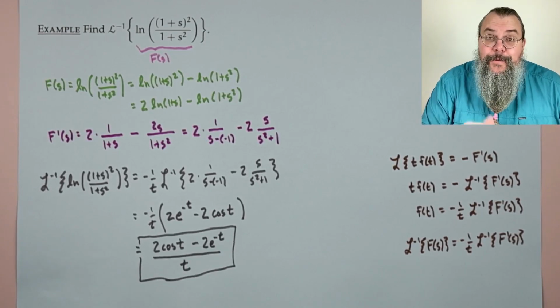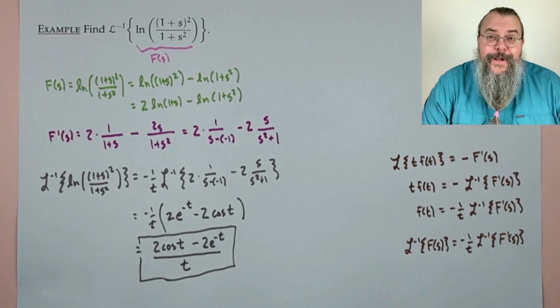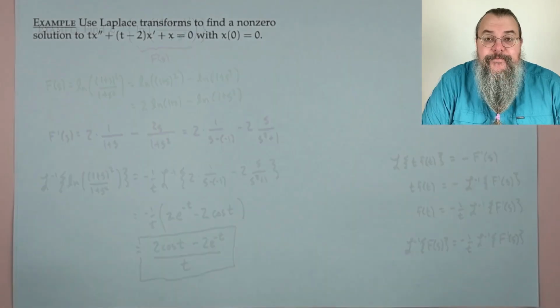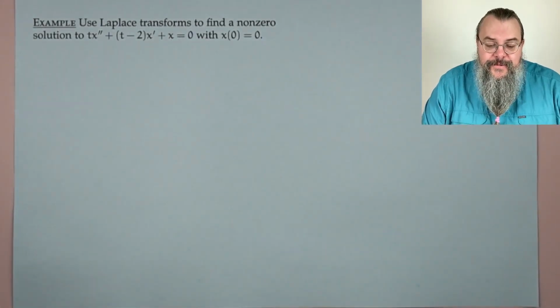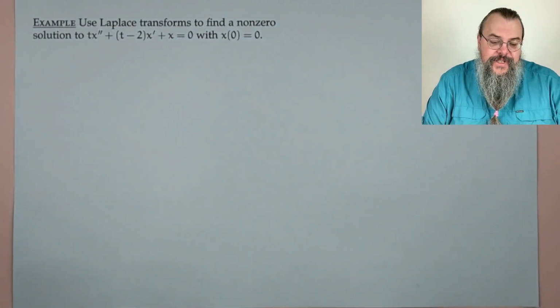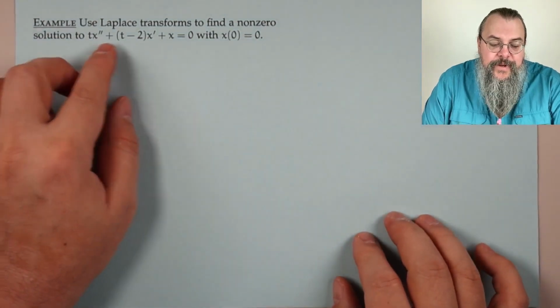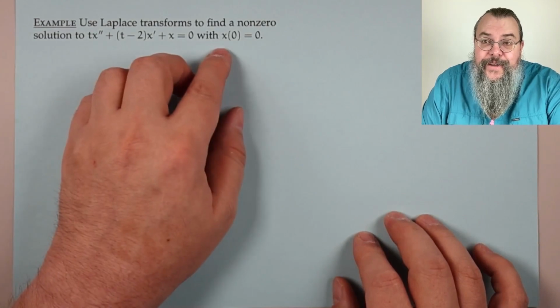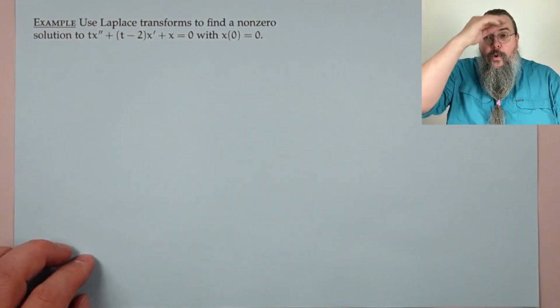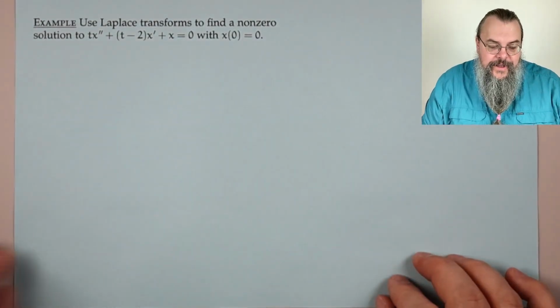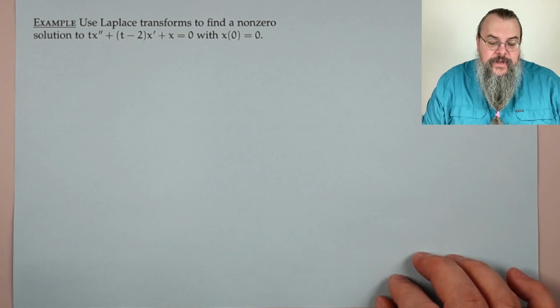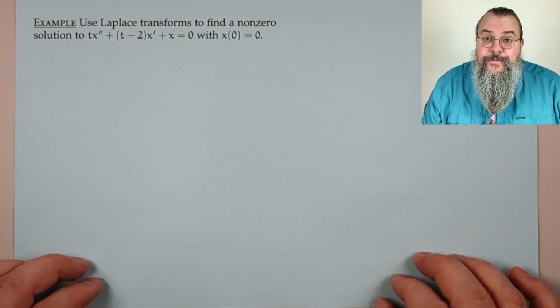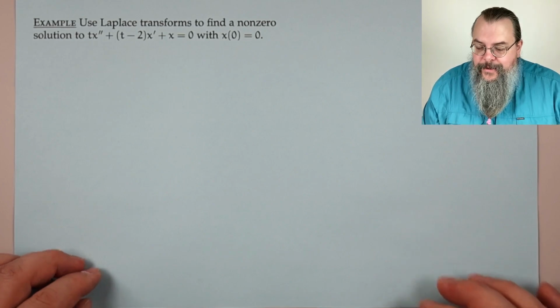All right, well, maybe one more example with this. And I think we can move on to the next idea after that. Use Laplace transforms to find a non-zero solution to t x double prime plus (t minus 2) x prime plus x equals 0 with x of 0 equals 0. Whew! All right, cool. So we have something to do, right?